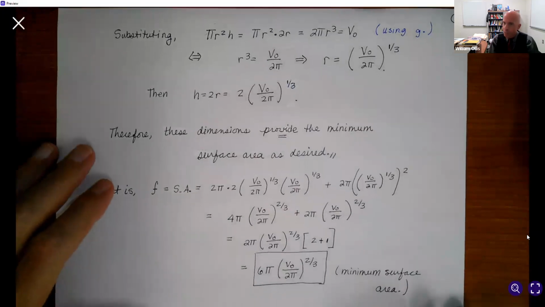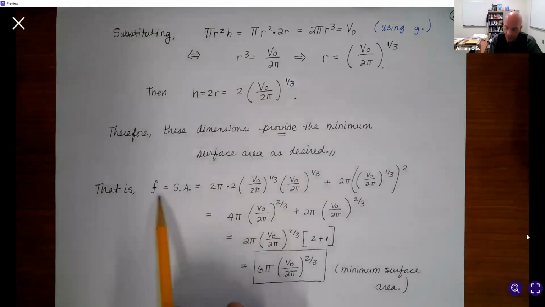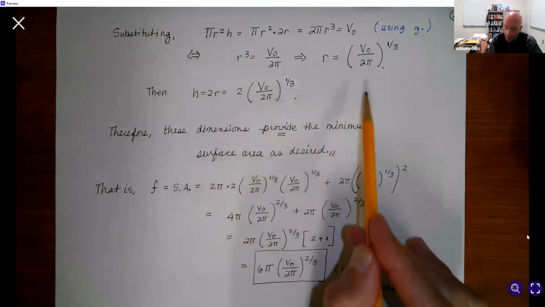And you might be interested in saying, well, okay, so what is that minimum surface area? So we know that F represents that. So we can just go to the equation for F and replace the R and the H with their quantities here.